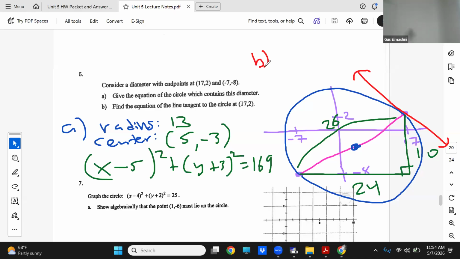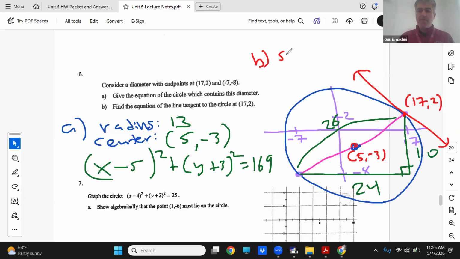How is the tangent and radius connected? The perpendicular, okay. Can I find the slope of the radius? Sure. Of course. This is at (5, -3). That's (17, 2).